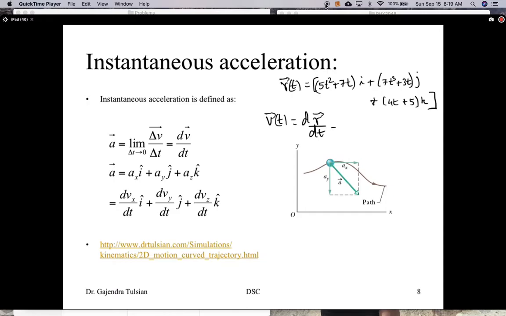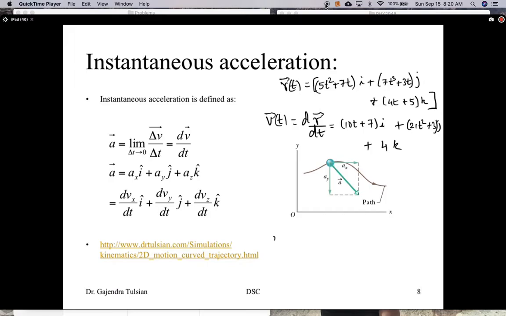And if you take the derivatives, this is (10t plus 7) i, plus 21t squared plus 3 j, plus 4 k.